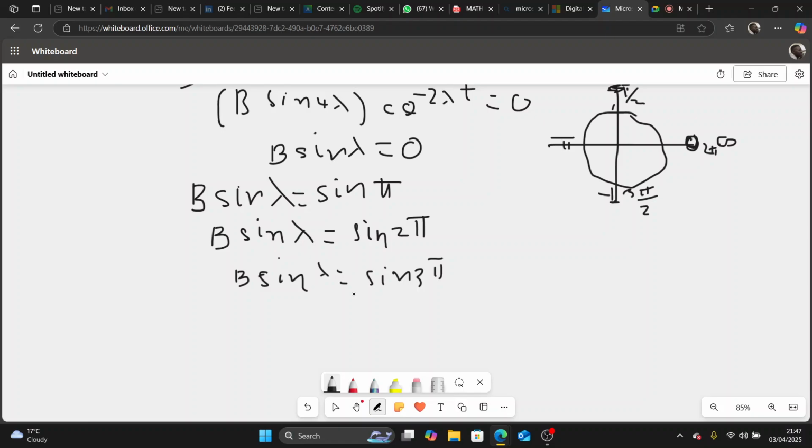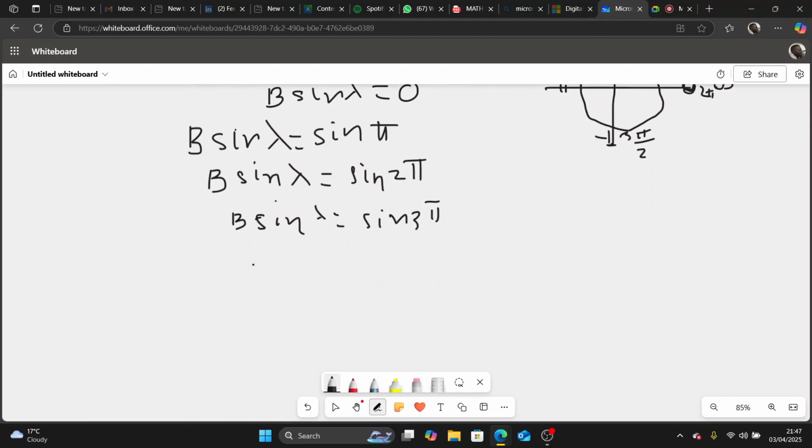Yes, sir. So what is the angle where the sine is 0? It simply means it is when you have b sine lambda to be equal to what? Sine n pi. Do you agree? I agree. Where n is which value? 1, 2, 3, 4, and so on. Because if you put half, what does it mean? It's going to be pi over 2, do you agree?